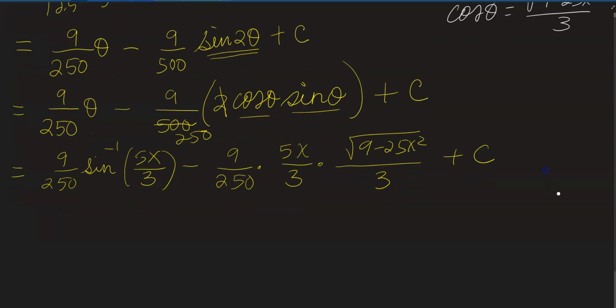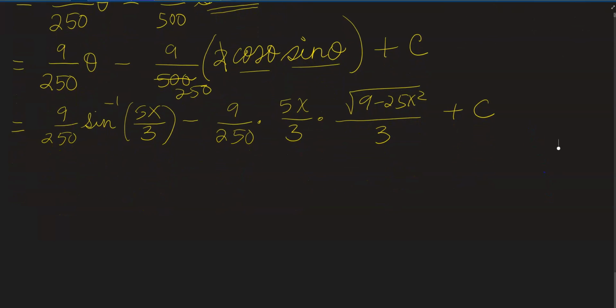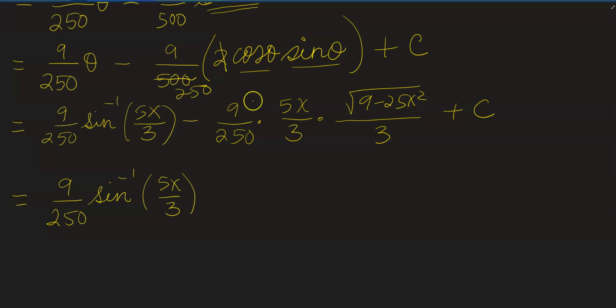We actually could clean this up a little bit so that it's a little bit nicer. 9 over 250 inverse sine of 5x over 3. Okay, let's see what gets cleaned up here. 9 divided by 3, that's gone. 5 goes into 250 50 times.